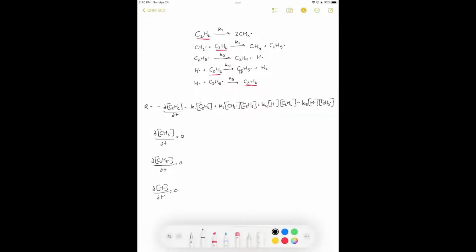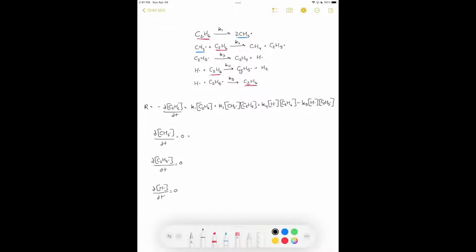So just like before, we can say what happens to the methyl radical over time. Let's count where it's formed. The methyl radical is formed in the first step and consumed in the second step. So we can go ahead and write this here.